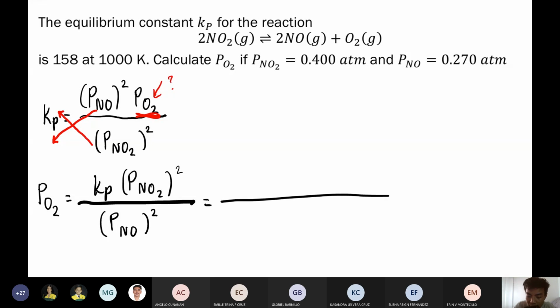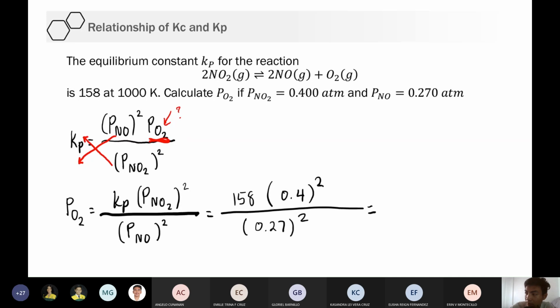Kp is 158. PNO2 is 0.4 squared. And PNO is 0.27, 0.27 squared. Again, walang unit pag nagsosolve. Sa dulo mo na siya isusulat.